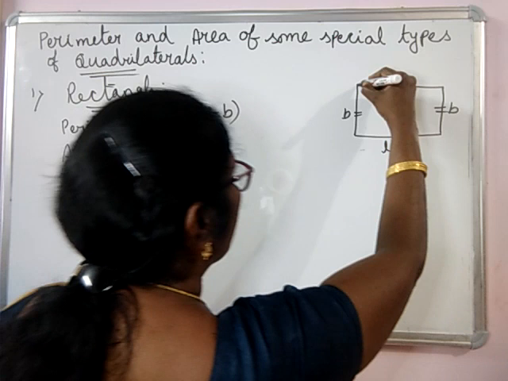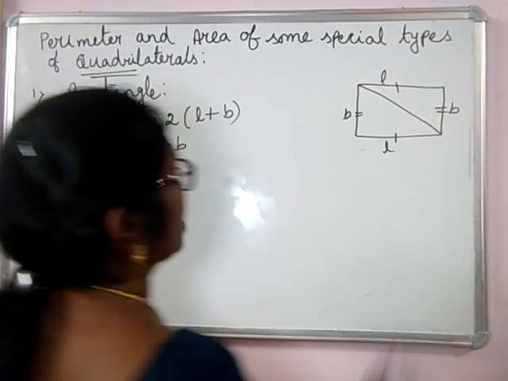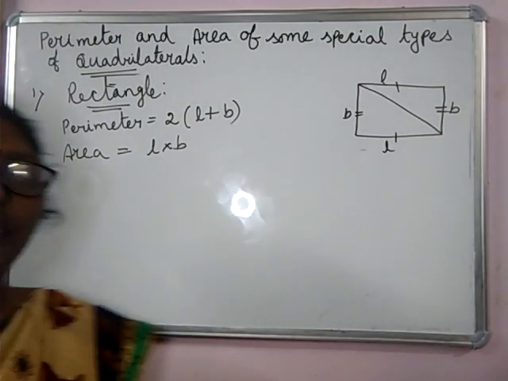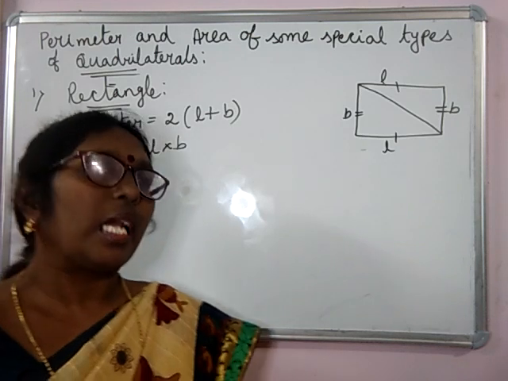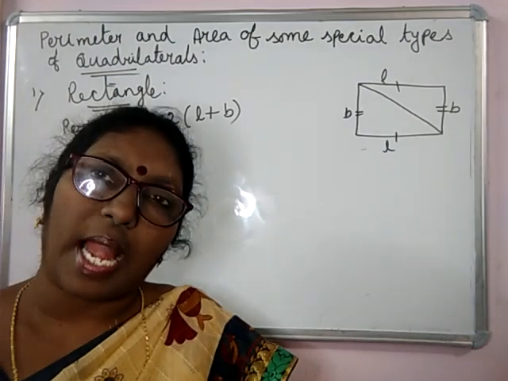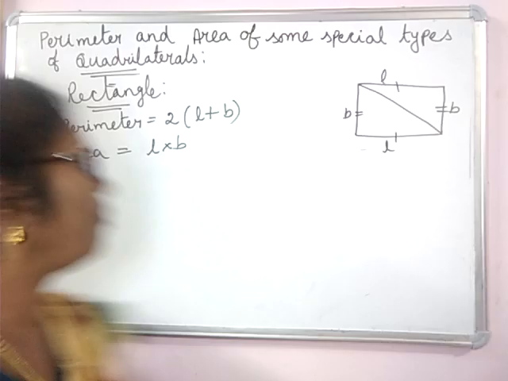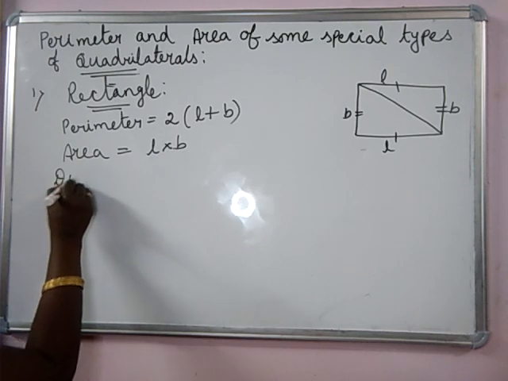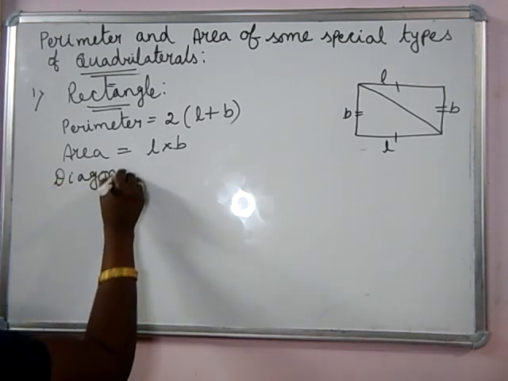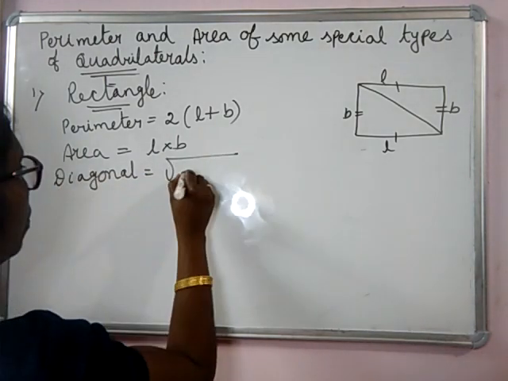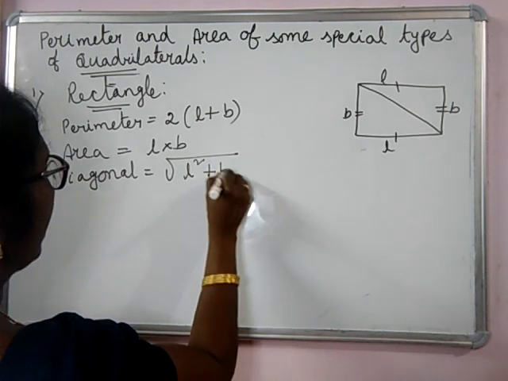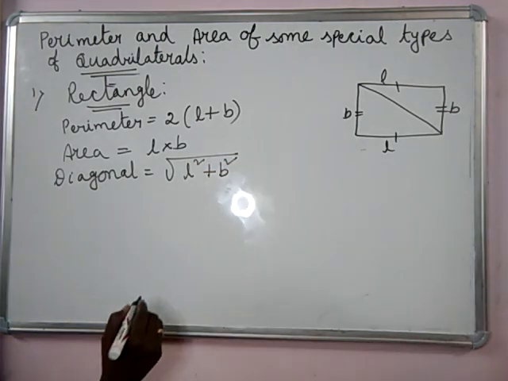And when you join the opposite vertices of a rectangle, we get a diagonal. In a rectangle, both the diagonals are equal. And if you want to find the diagonal of a rectangle, you can have square root of L square plus B square.